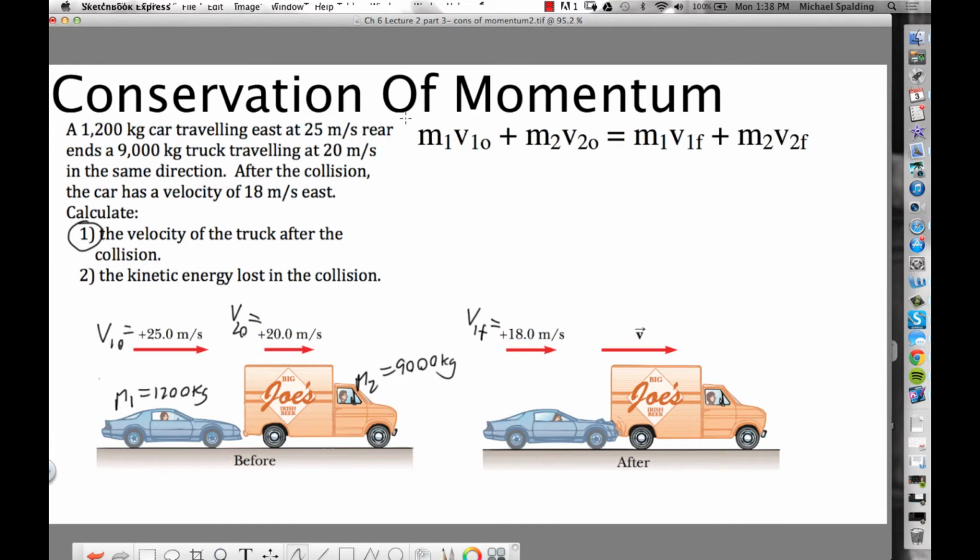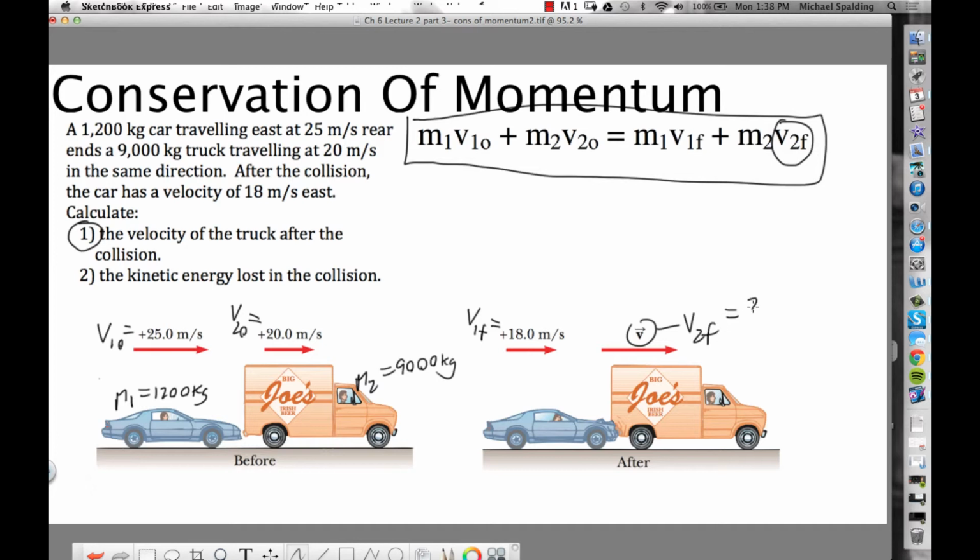Looking at our conservation of momentum equation, the only thing missing is V2 final, the velocity of the truck after the collision. If you didn't get this right, the answer comes out as 20.9. The velocity of the truck after the collision is 20.9.